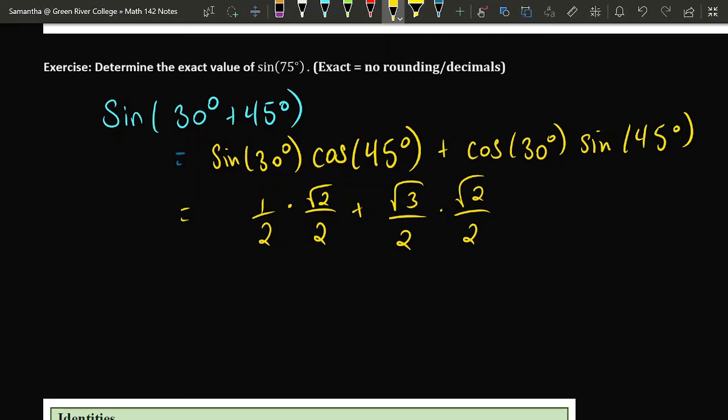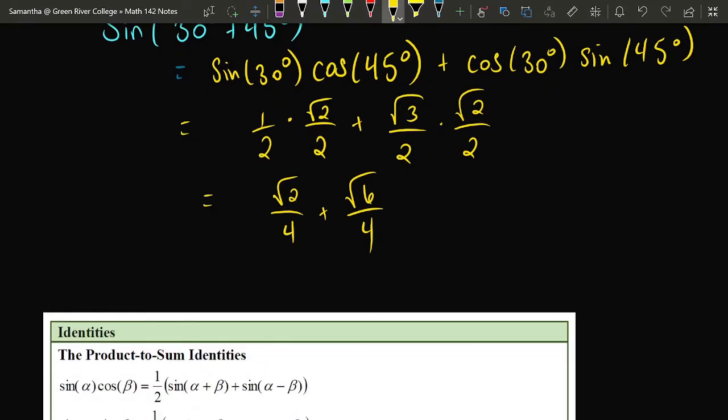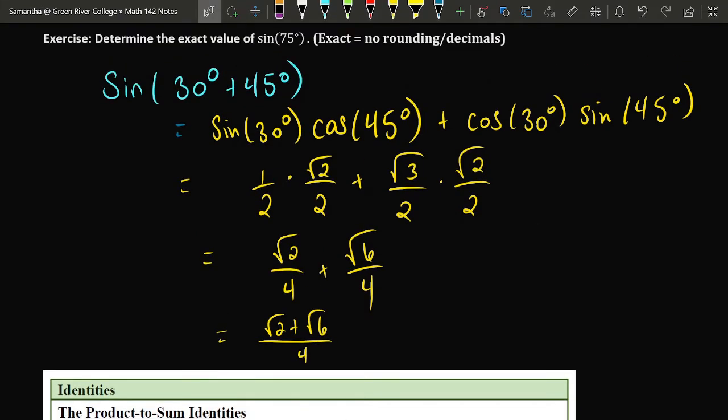And therefore the entire quantity, if I simplify this a little bit, would be equal to root 2 over 4 plus root 6 over 4. These two fractions actually have the same denominator, so it would be possible to combine this even further, root 2 plus root 6 over 4. This would be the exact value of sine of 75 degrees, a value that has not been rounded at all and does not involve any decimals.